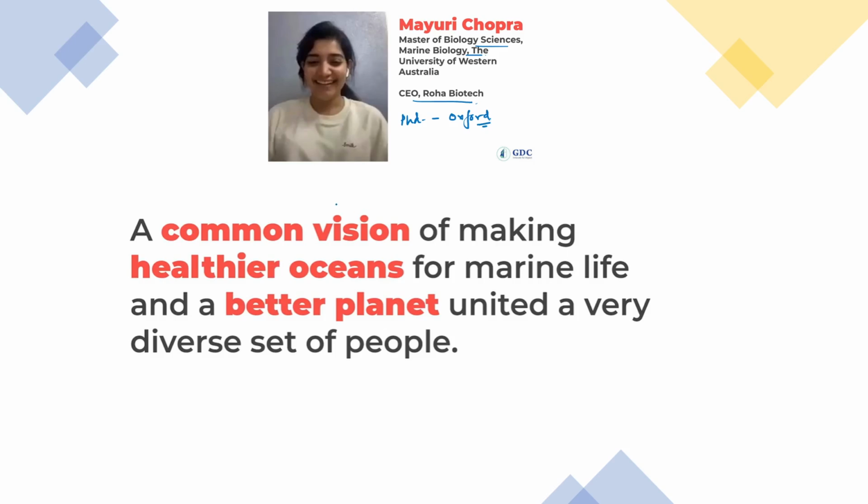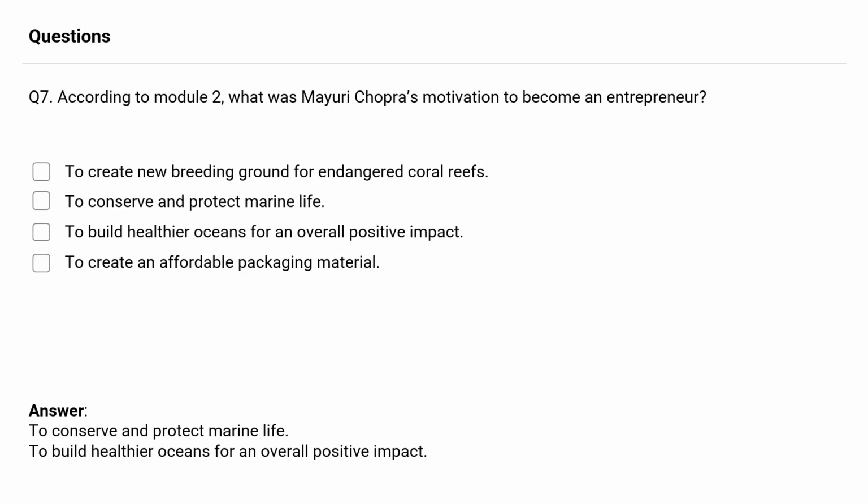So a common vision of making healthier oceans for marine life and a better planet united a very diverse set of people. So the common vision is about conserving and protecting the marine life and building healthier oceans for an overall positive impact. So the correct answers are option B and option C.